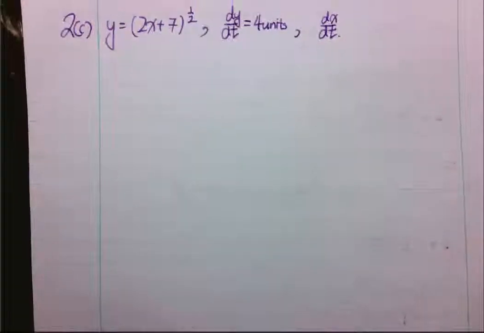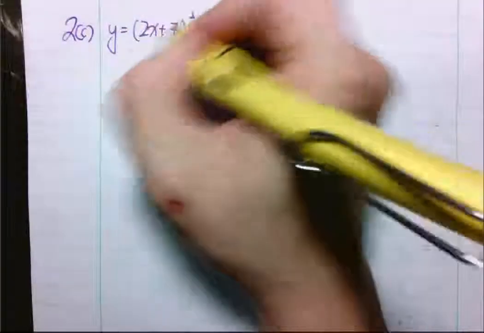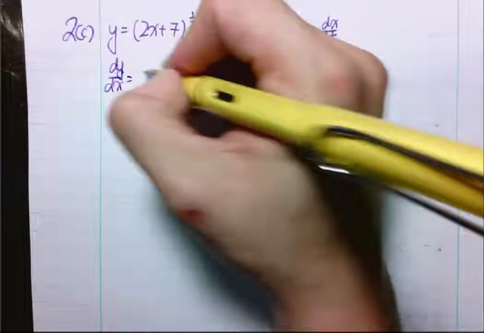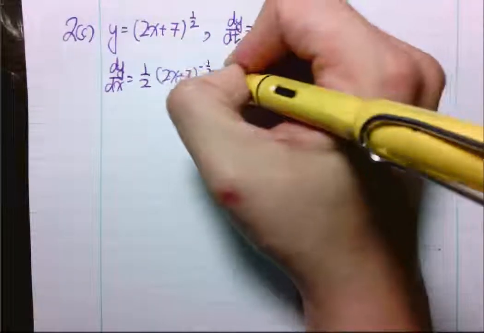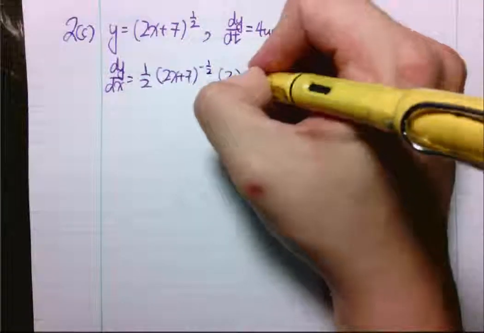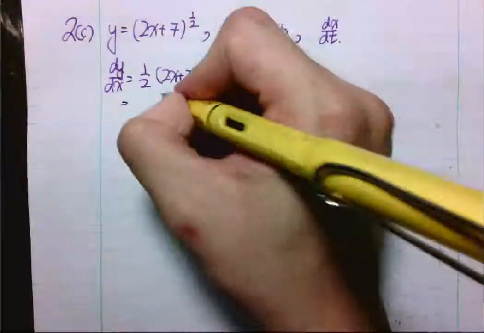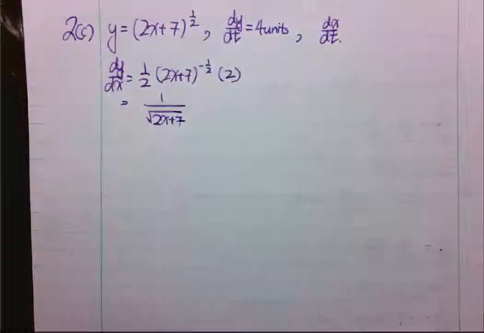First and foremost, we differentiate this, since we know that we need it soon. dy/dx equals half times (2x plus 7) to the power of negative half. Don't forget to differentiate inside the bracket, which is 2. Half times 2 is 1, so I get 1 over the square root of 2x plus 7.